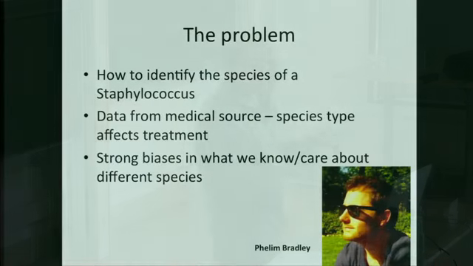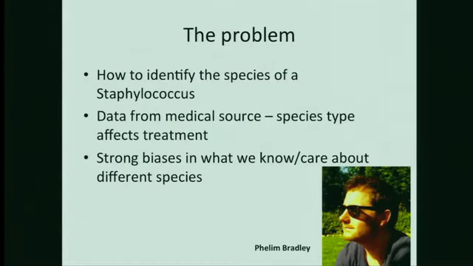So, you've got some data from a medical source. I want to identify the species type. But the problem that worried me, and the thing I wanted to talk to you all about after the talk, was the fact that there are these strong biases in what we know about.